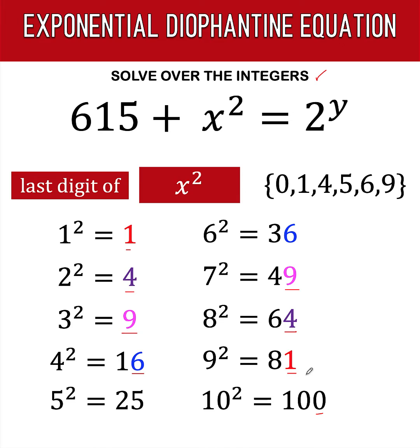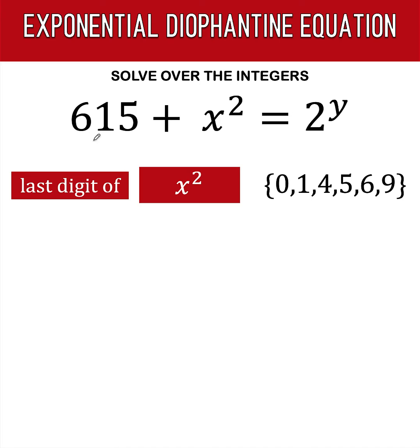So, let's take all these last digits: 0, 1, 4, 5, 6, and 9. We do not have 2, 3, 7, and 8. When you add 615 plus x squared, you are also adding their last digits. The last digit of 615 is 5, and the possible last digits of x squared are all of these.